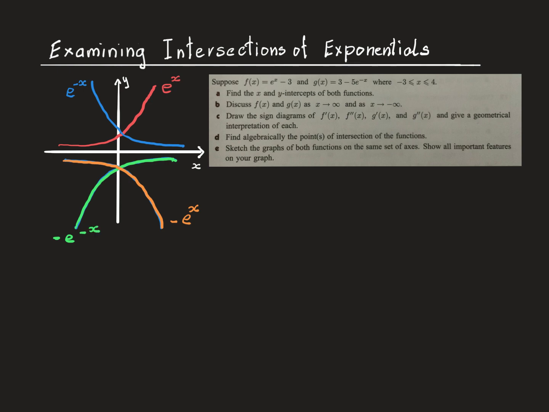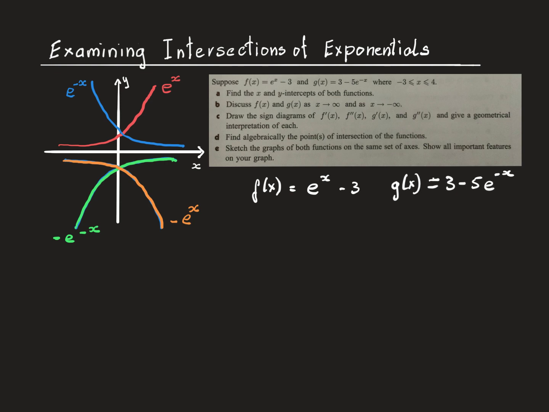The reason I'm showing you this at the beginning is because the two functions that we have are: one is f(x) = e^x - 3, whereas the other one is g(x) = 3 - 5e^(-x).